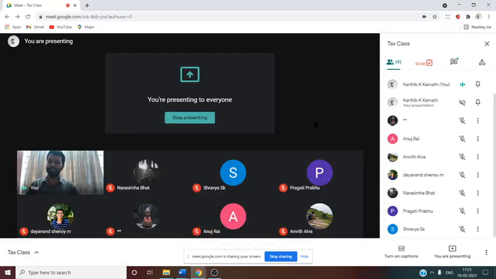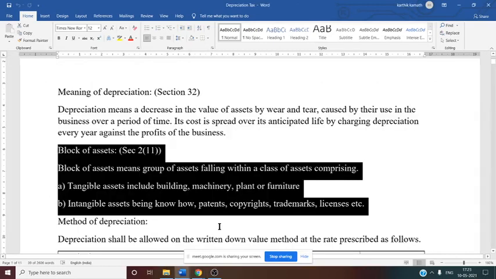All those things come under tangible assets. Intangible assets are generally services. All types of services come under intangible assets. Certain know-hows, patents, copyrights, trademarks and licenses all come under intangible assets.